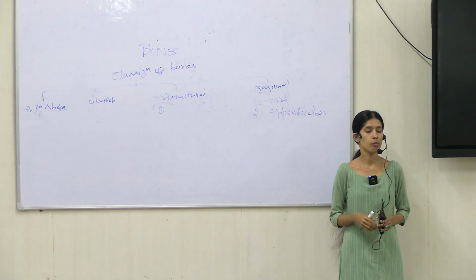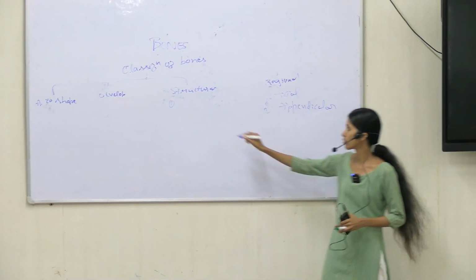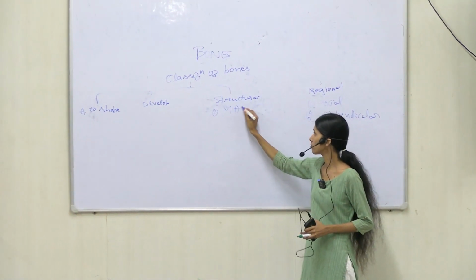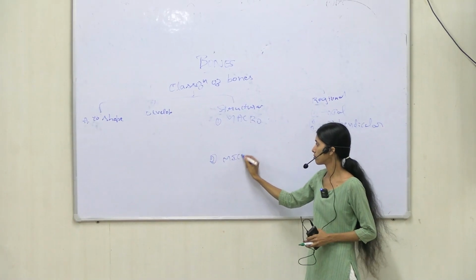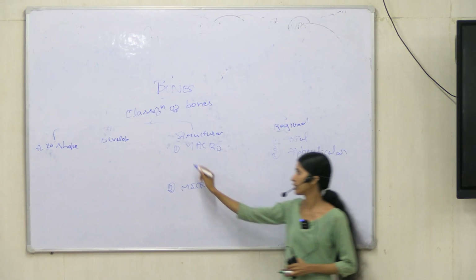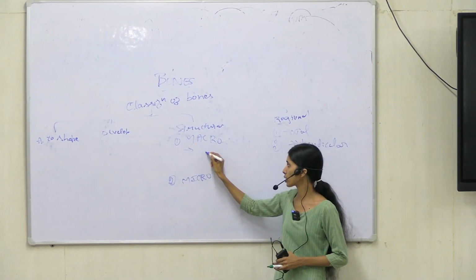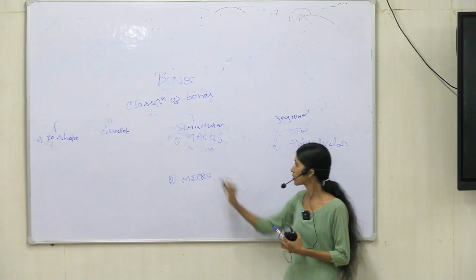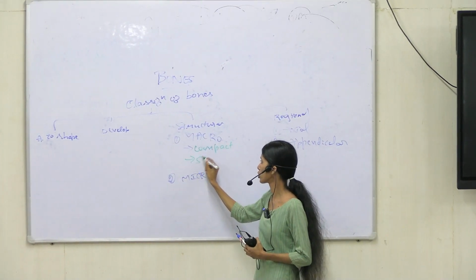The first one is macroscopic and the second one is microscopic structure. Under the macroscopic study, we have two important types as your friend mentioned: compact bone and spongy bone.